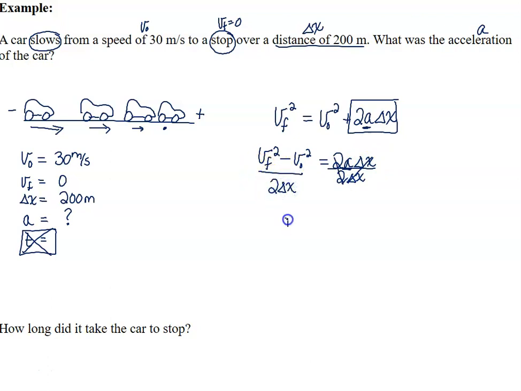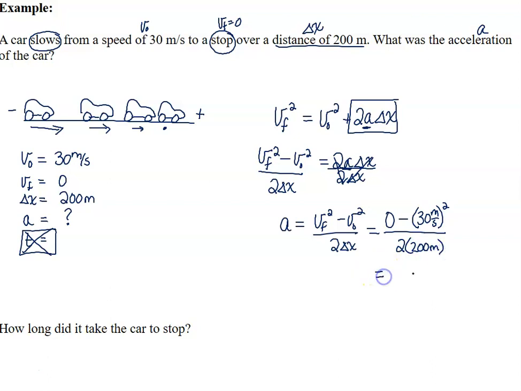So my final equation is the acceleration is equal to the final velocity squared minus the initial velocity squared divided by 2 delta x. So my final velocity is 0 minus my 30 meters per second squared divided by 2 times 200 meters.